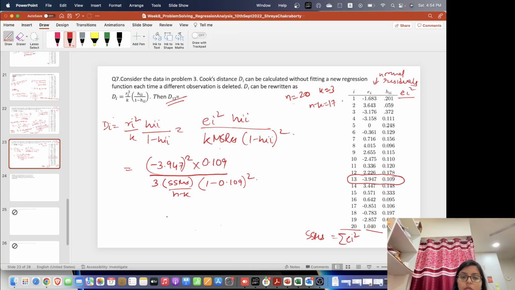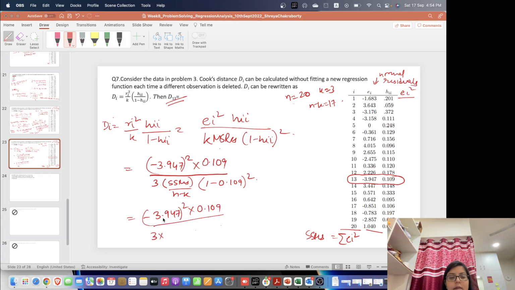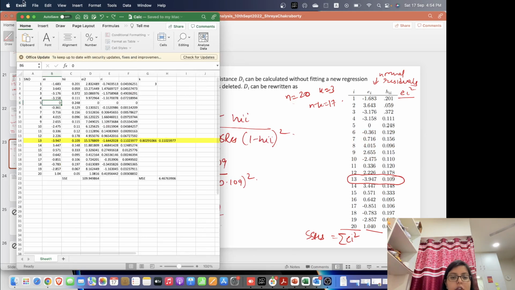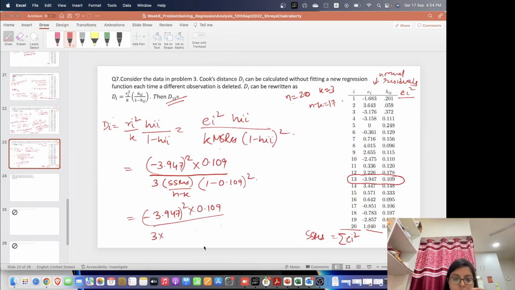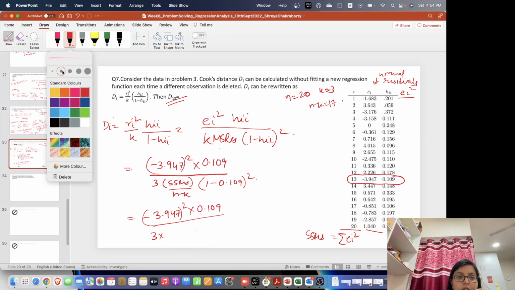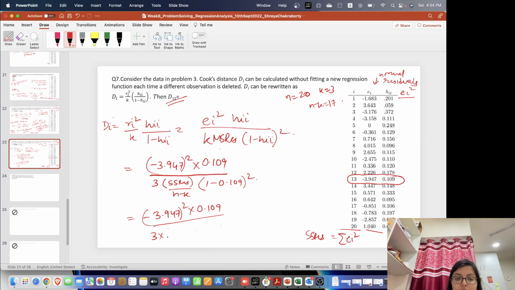So we would have this as minus 3.947 whole square into 0.109 by 3 into this thing, which came out as 6.47. So this will be 6.47 into 1 minus 0.109 whole square.